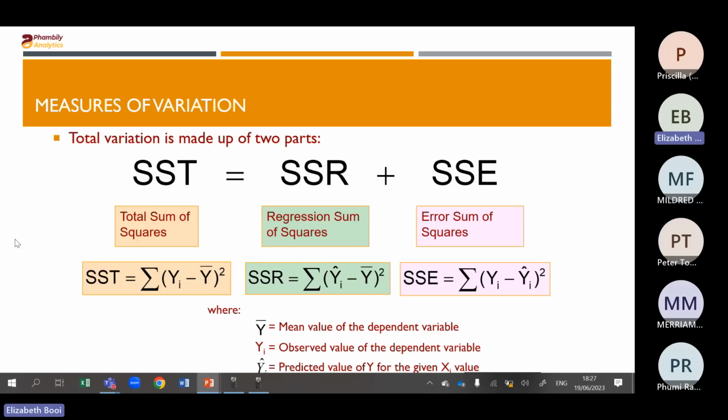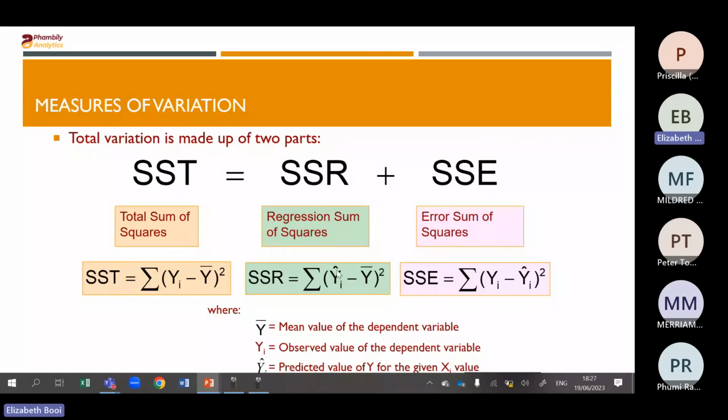Bear in mind, all these are just formulas. So this is the sum of your y observation minus the mean, squared. In the exam, they will not expect you to do the calculations manually. They will give you all the values that you will need. You can just substitute into the formula and calculate. And this is the estimated value. We will talk about the estimated value later on when we do the regression.